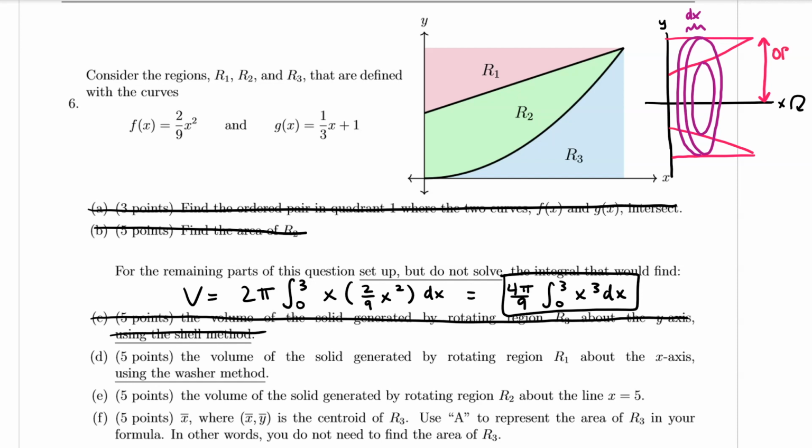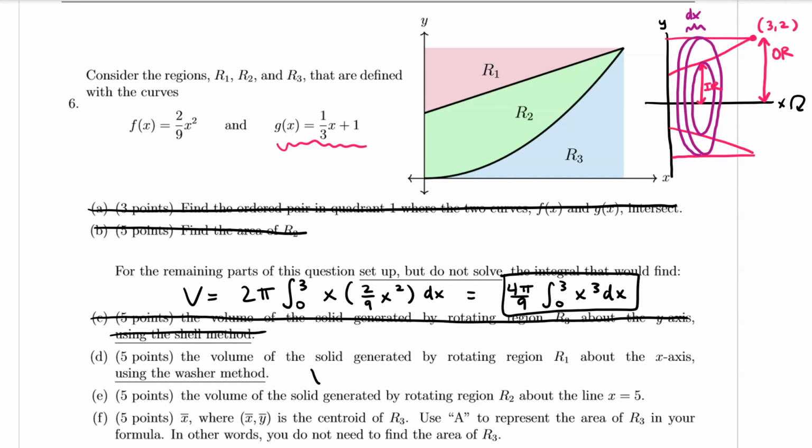I'm going to call it OR for outer radius, and that distance is always going to be 2, because we know that this ordered pair right here is (3, 2). Now, the inner radius is the distance from here to here. That's our inner radius. And notice that that's changing, and it's dependent on our linear function, which is 1/3 x plus 1.